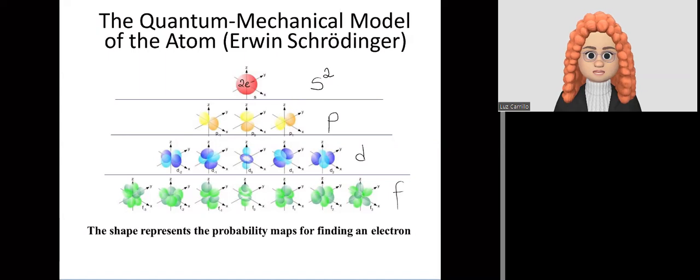In terms of the p orbital, we can place 2 here, 2 here, 2 here. So when we add 2 plus 2 plus 2, that means that in a p orbital, the maximum number of electrons that we can find is 6. If you follow the same trend, that means that in the d orbital, the maximum number is 10. In an f orbital, it is going to be 14.